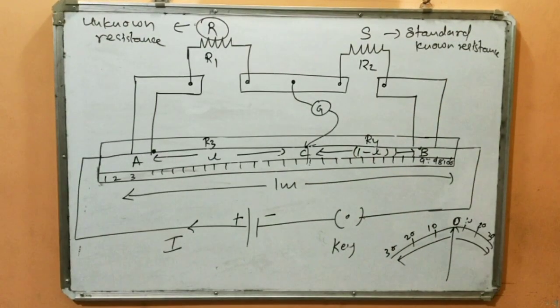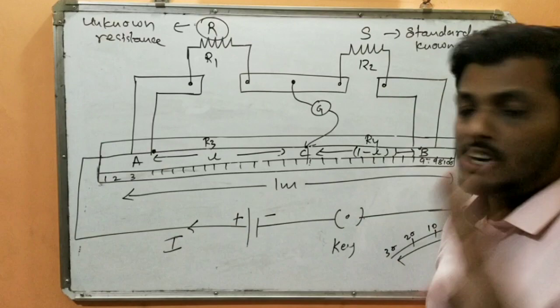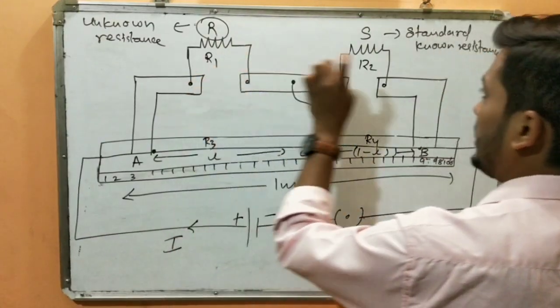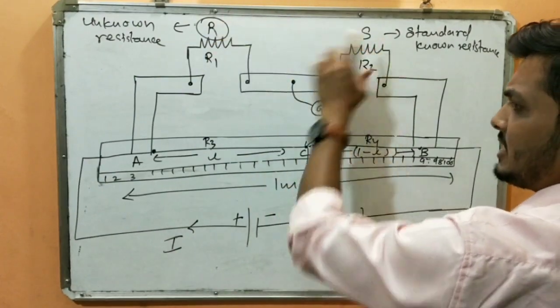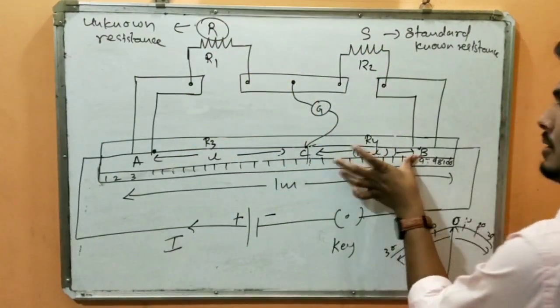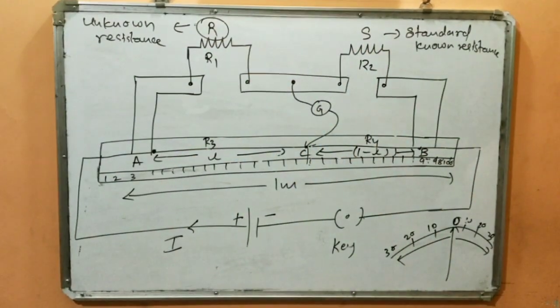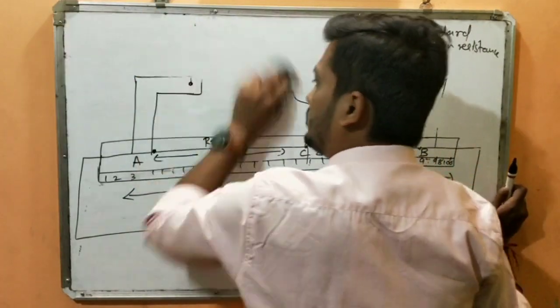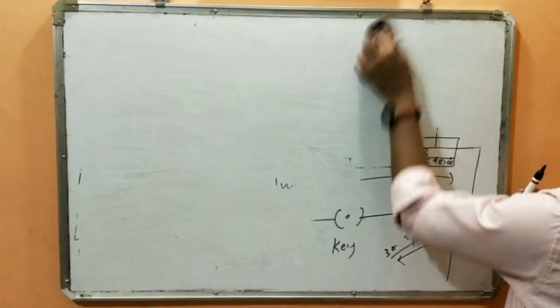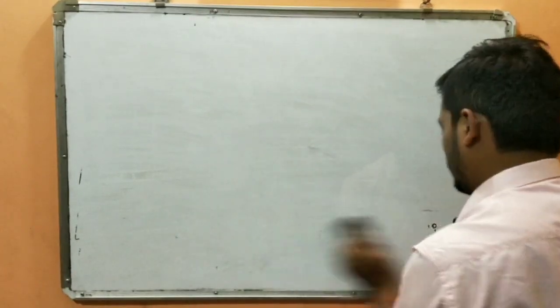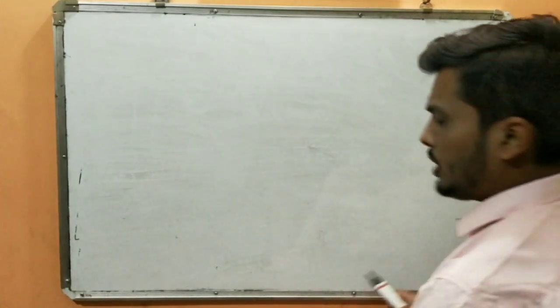Are you understanding? Now I have 4 resistors: R, S, AC and BC. So remember AC and BC. Construction and working you should be able to write.